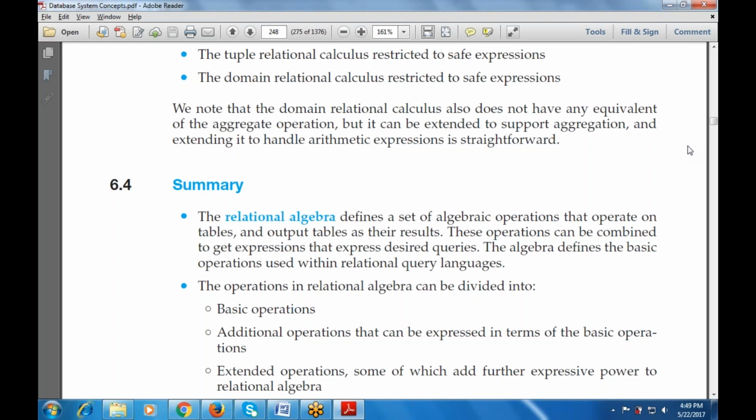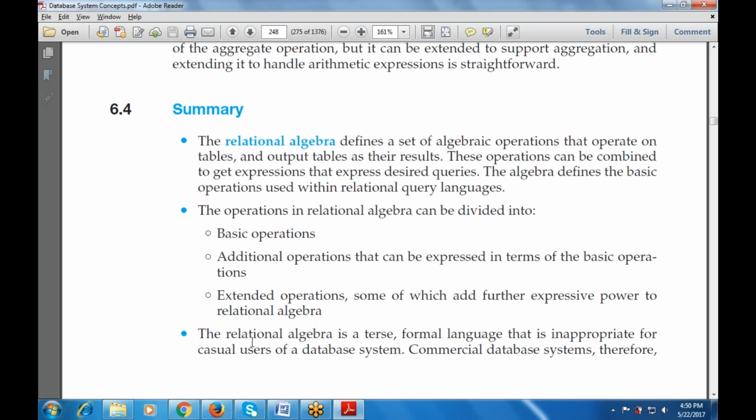The operations available in relational algebra can be divided into basic operations, additional operations that can be expressed in terms of the basic operations, and extended operations, some of which add further expressive power. Relational algebra is a terse formal language that is inappropriate for casual users of database systems.